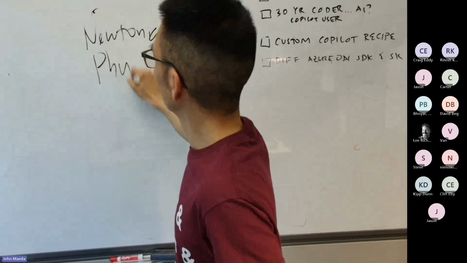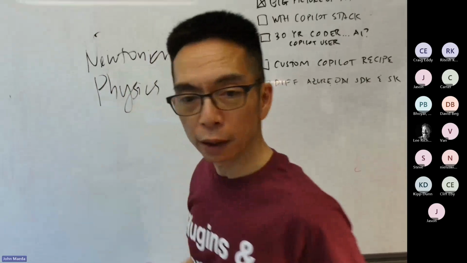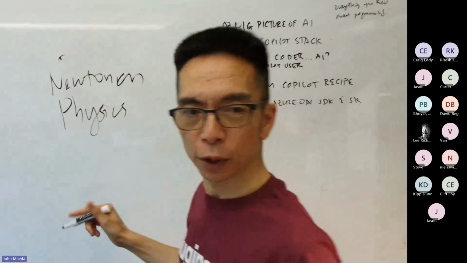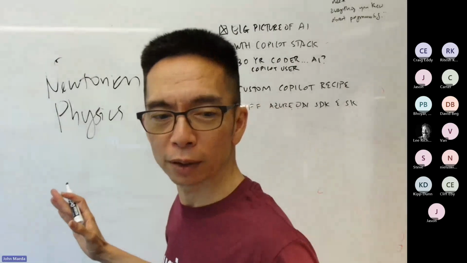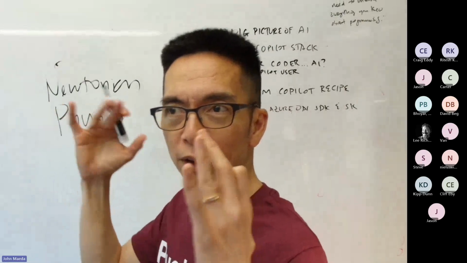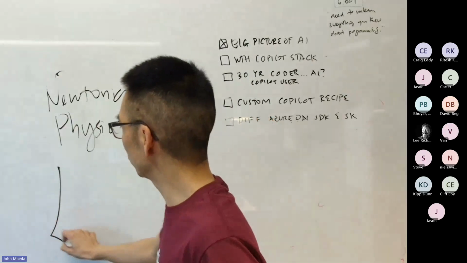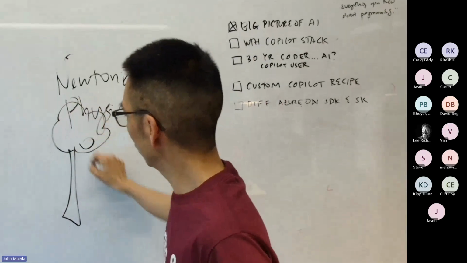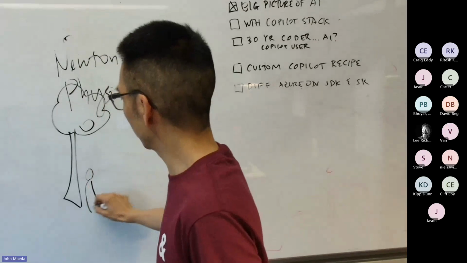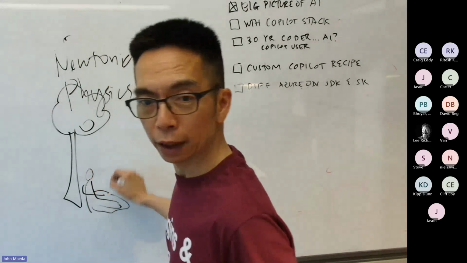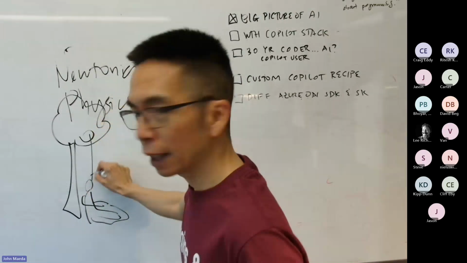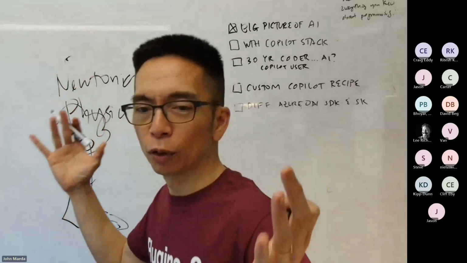Newton, I don't know if this really happened, but it makes a good picture. Whoever thought of this idea was a genius: there's an apple tree, and Newton is sitting there pontificating or reading, and the apple hits his head and he's like, whoa, gravity.